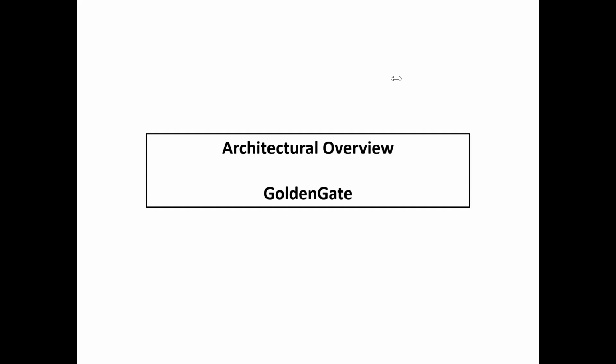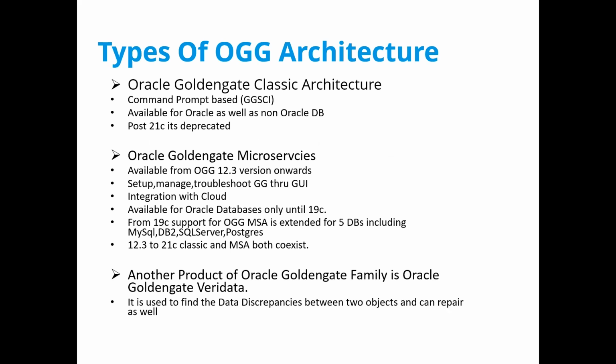Okay. So now let us discuss the architectural overview of Oracle Goldengate. What is the architecture of Goldengate and how does it work? Prior to this, when we started this training, we discussed that this training is about classic architecture.